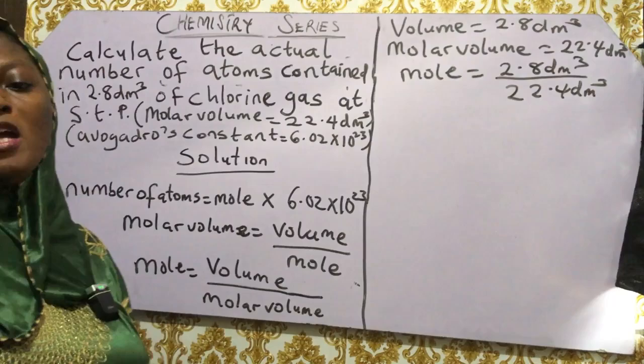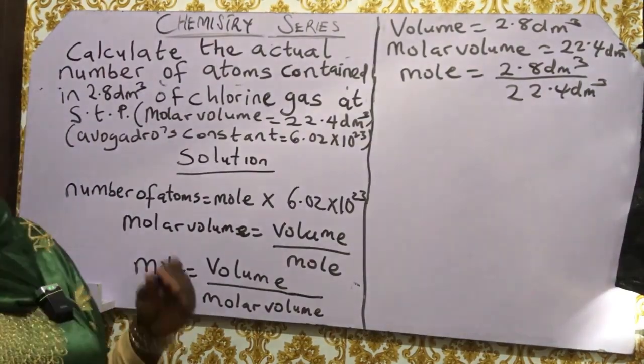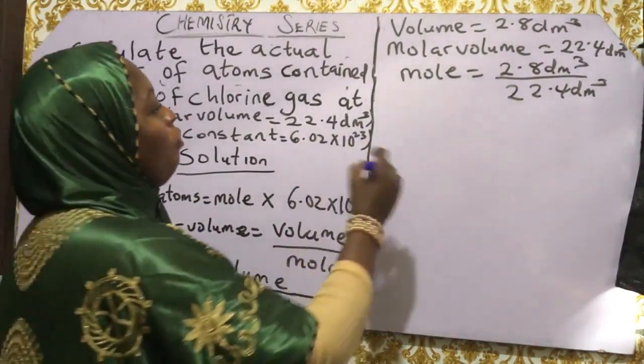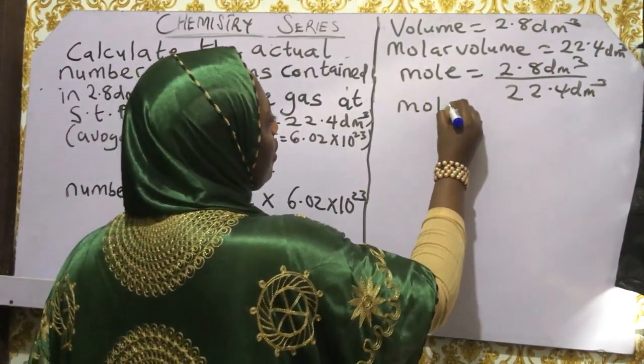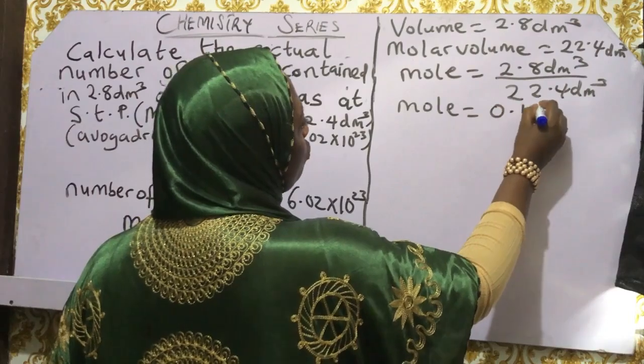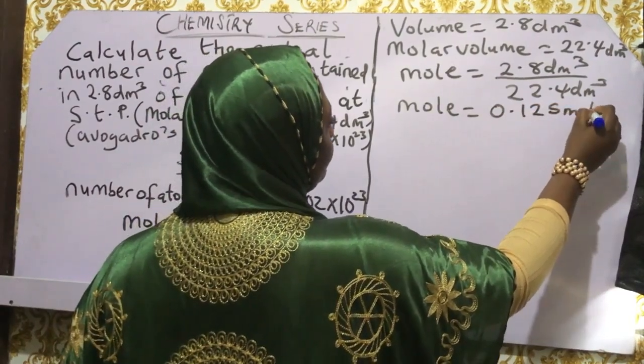When you input this value into the calculator, you have 0.125 mole. So, the mole is equal to 0.125 mole.